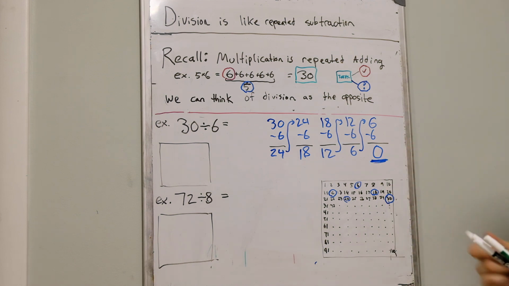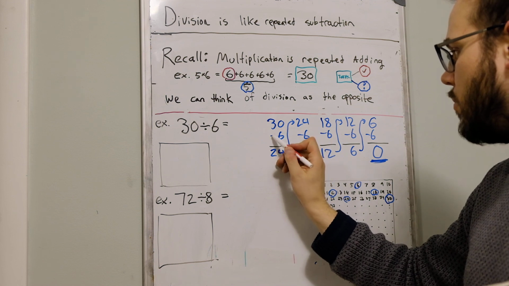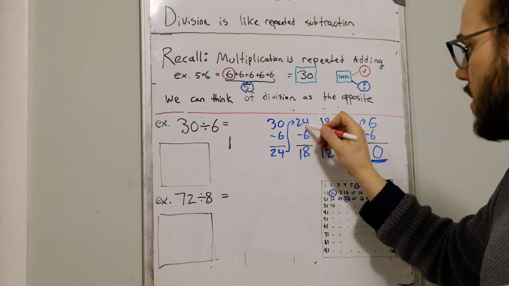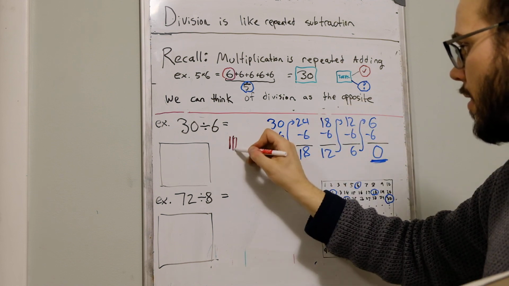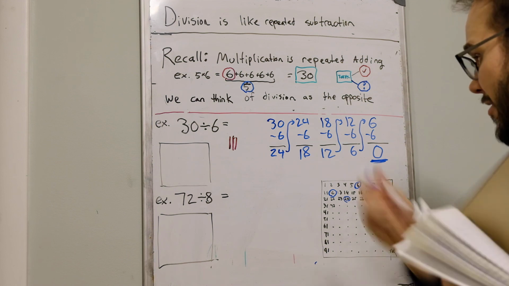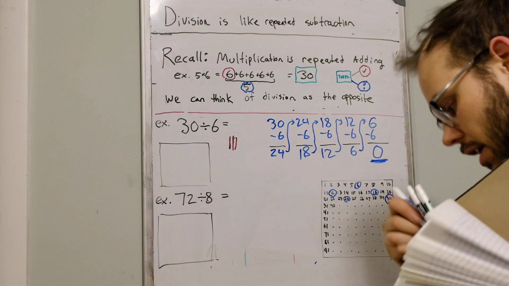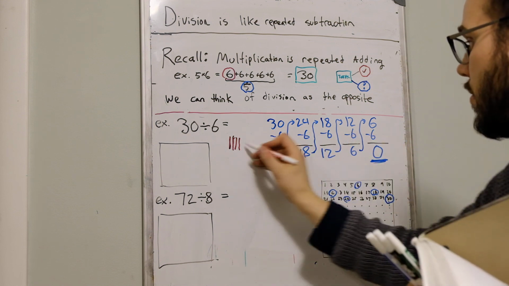So the question is, how many groups did we take away? Well, we were able to take away one group here, a second group, a third group. How many other groups? We got a fourth group and a fifth group.